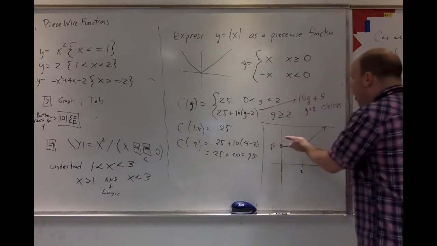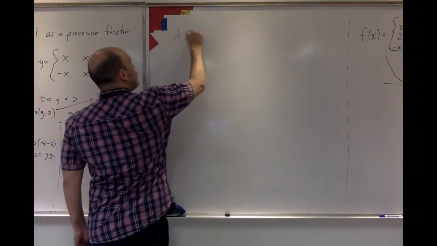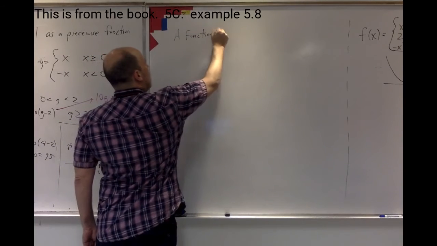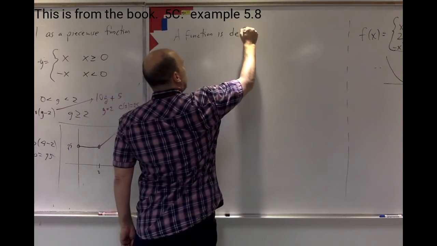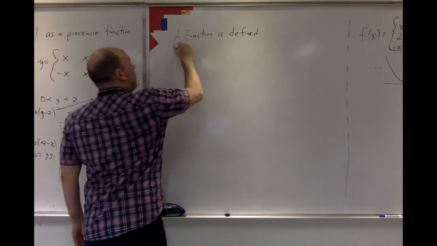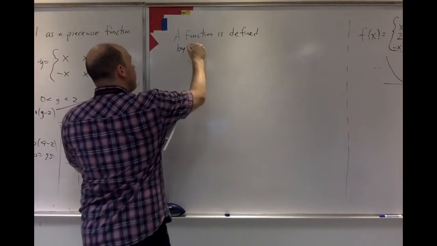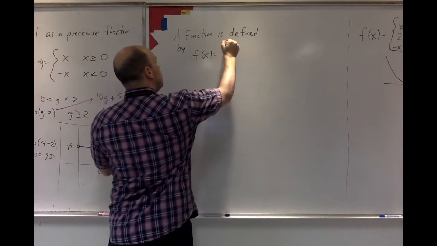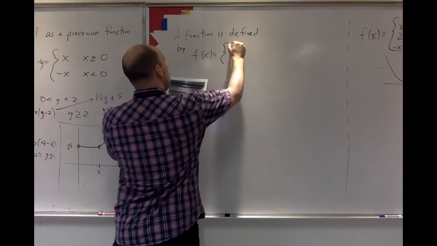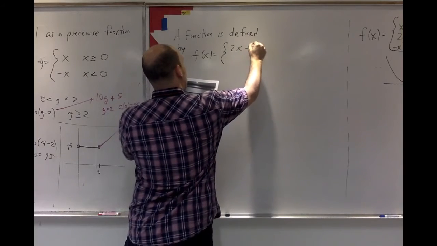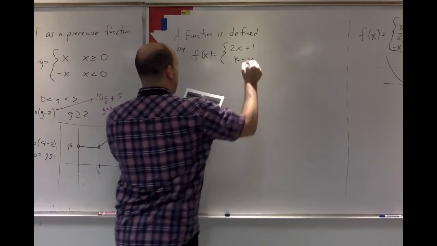This might look like the graph of a function defined by, sorry, let me get my script. It's defined by f of x is equal to 2x plus 1 and k minus x.